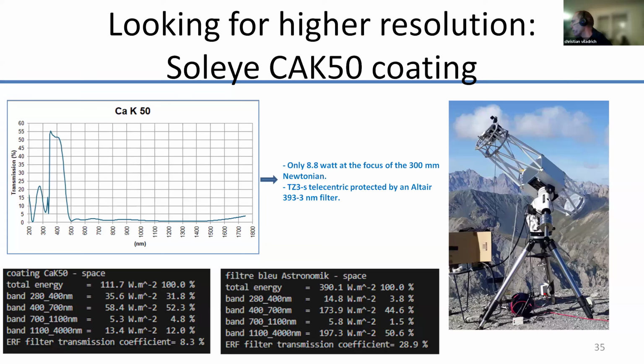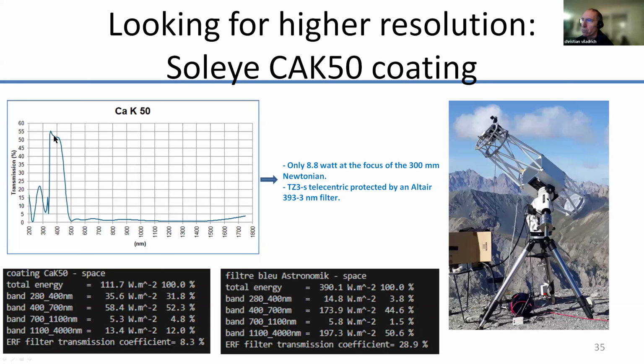So this is my solar telescope, 300 millimeter Newtonian telescope. And there the option used is to have a special coating on the mirror. This is a coating made by a Solar company based in Hungary. And you see the reflection coefficient of the coating is like this.